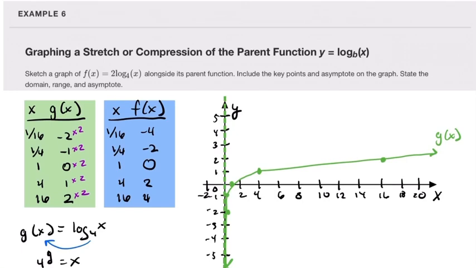Slightly to the right of 0, y is -4. So we're here. And then we're at -2, essentially about there. And then 1, 0. Okay. And then over 4 up 2. Over 16 and up 4.